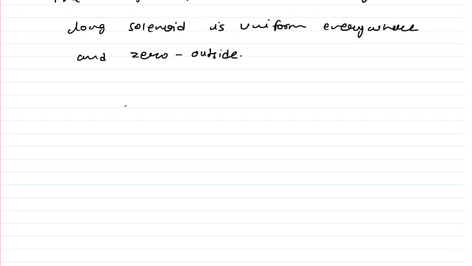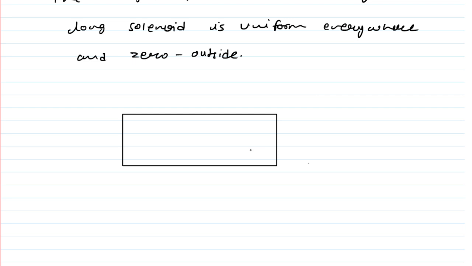Now let us draw the cross sectional view of a solenoid. Cross sectional view in the sense we are just trying to represent the dots and crosses of the currents. Let us take the first figure which I explained in the previous video. I will try to draw that figure here also. This was our first figure.